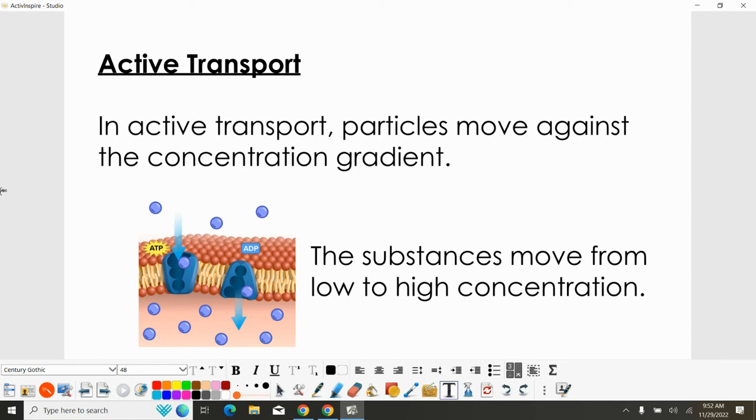Active transport is very much the opposite. It flows uphill. The dissolved substances flow from low concentration to high concentration. And as you can imagine, moving anything uphill requires the input of energy.